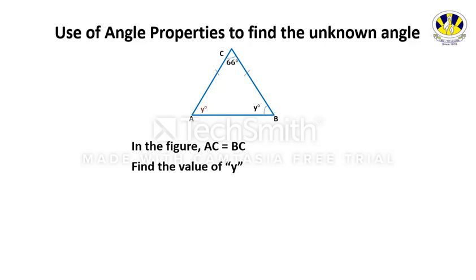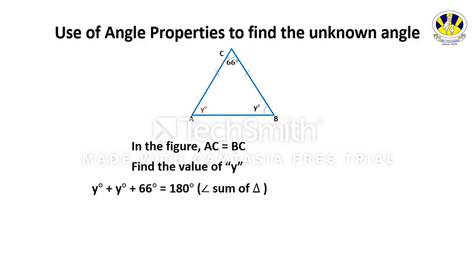But there is another piece of information given about the triangle, that its two sides AC and BC are equal, which means that it is an isosceles triangle. And in an isosceles triangle, the two base angles are also equal. So, angle B was marked as y degrees, so we have labeled angle A as y degrees as well.